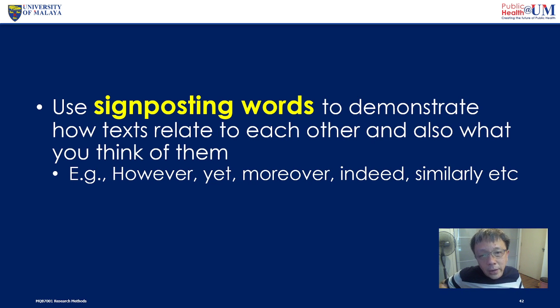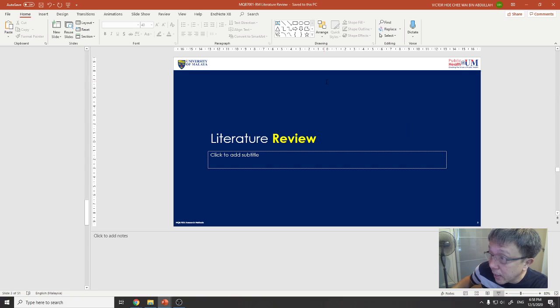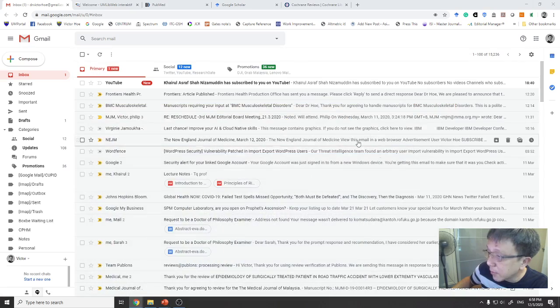Alright. If you go to your Spectrum, if you open the folder of signposting, there are some files that I have included. But we can look at it now and look at some of the files.